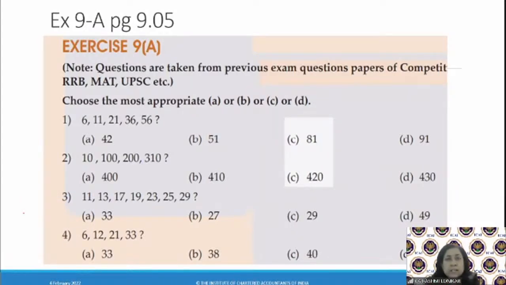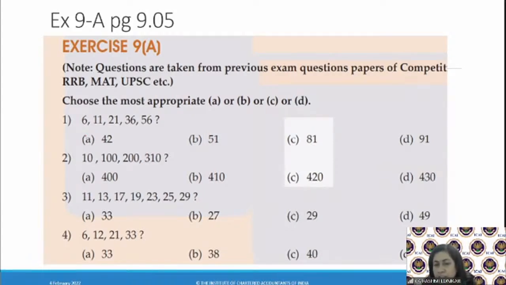I'm purposely taking the screenshot over here so that I can show you how, in the place where the numbers are given, you will try to solve it. That will not only save your time, but you will not make a mistake.